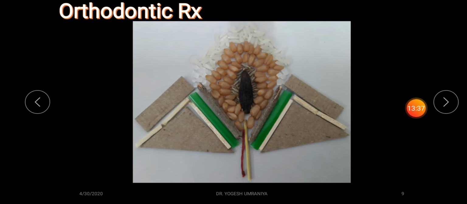That treatment is referred to as orthodontic treatment. So you can see this green structure, the periodontal ligament, is plastic in nature. So you can slightly reposition this ligament to correct the position of the tooth within the bony socket.